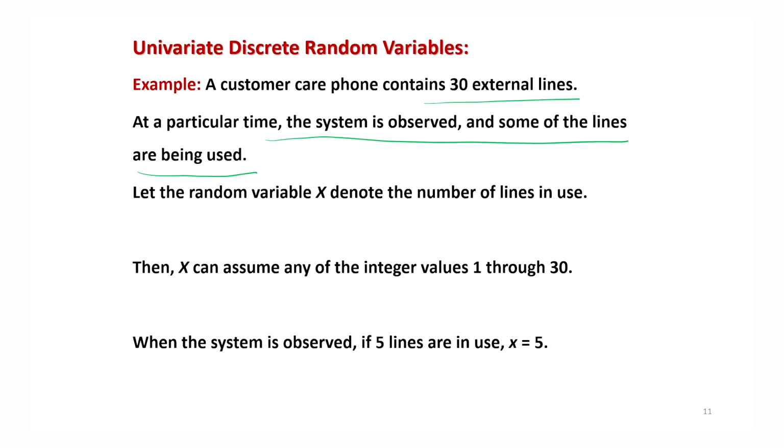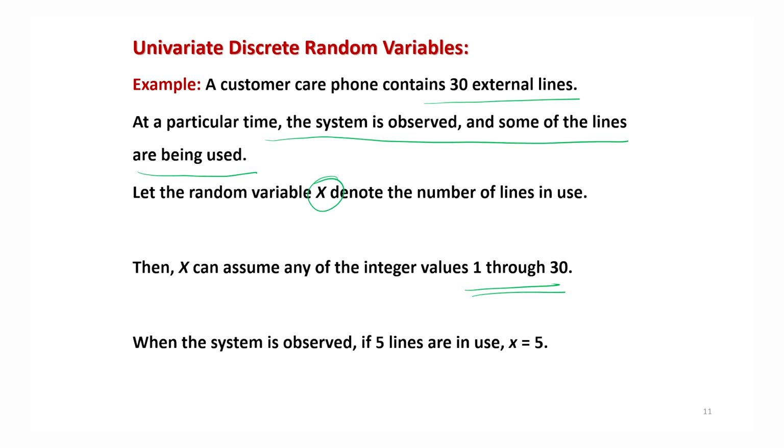So now at a given point of time, how many telephone lines are being used is not known to us. So this can be indicated by a random variable X. Now you can see here X can take different values, say from 1 to 30. That means only one line is being used, or 2 lines are used, or 30 lines are used.